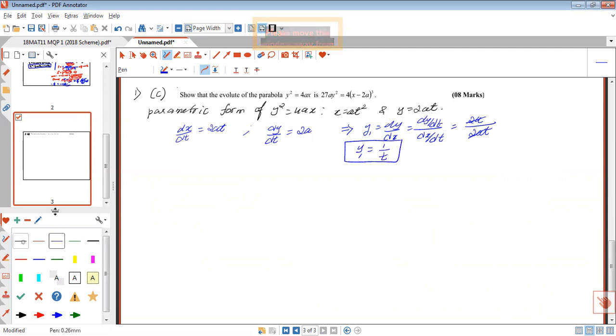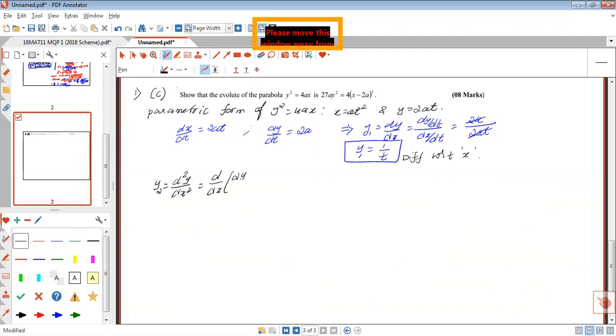Next, differentiate this y1 with respect to x, so that you will get y2. Correct? Y2 is d square y by dx square, that is d by dx of dy by dx, that is d by dx of y1, which is 1 by t.